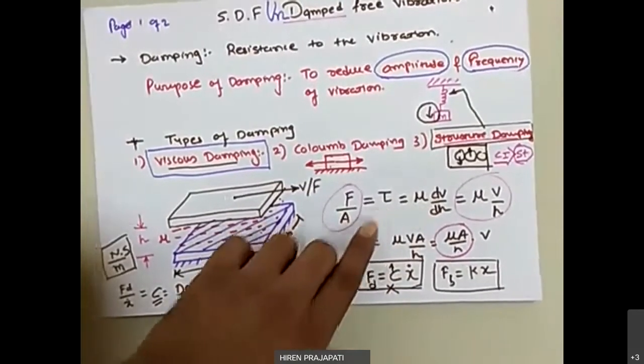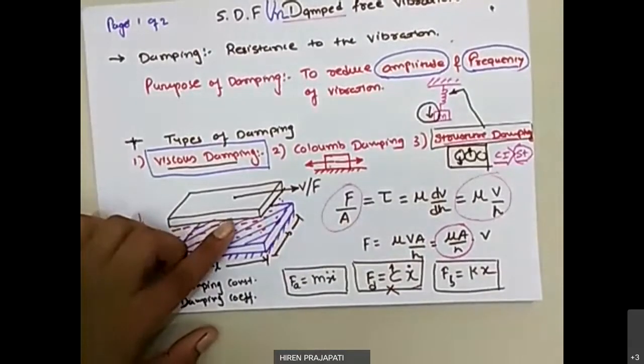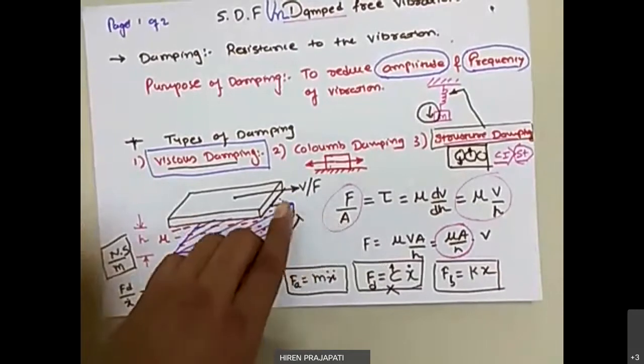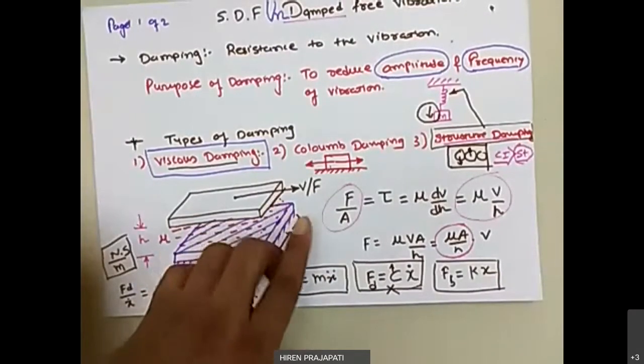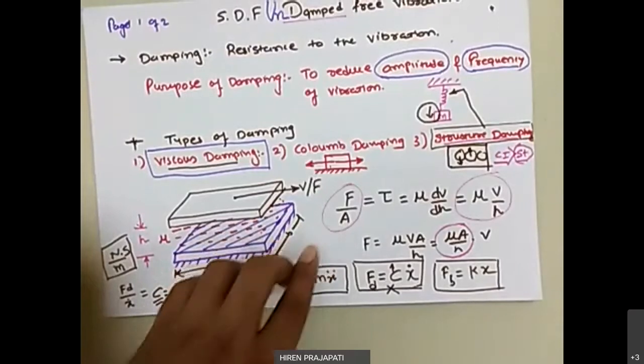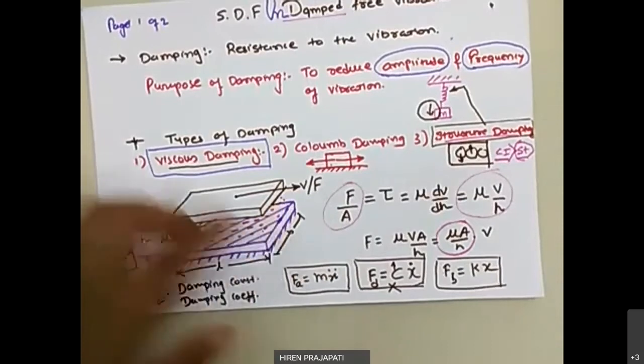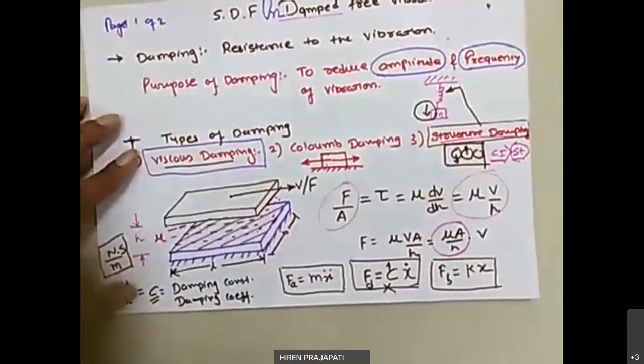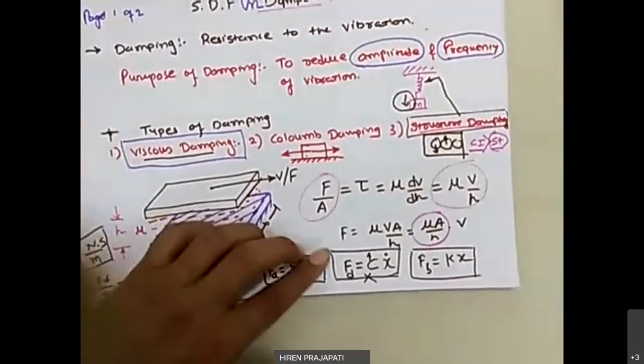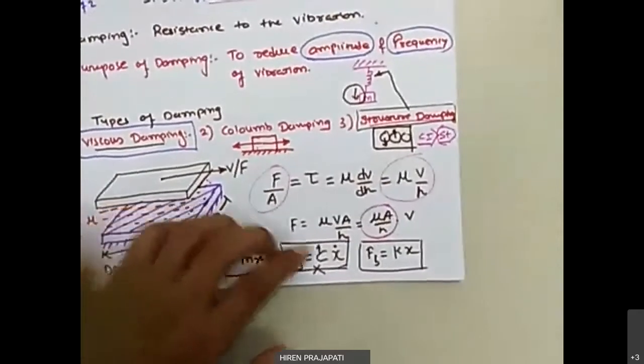This shear stress is experienced by the top plate, so tau is equal to F by A, where F is the force to be given to the plate for the movement, divided by the area of the top plate, right?